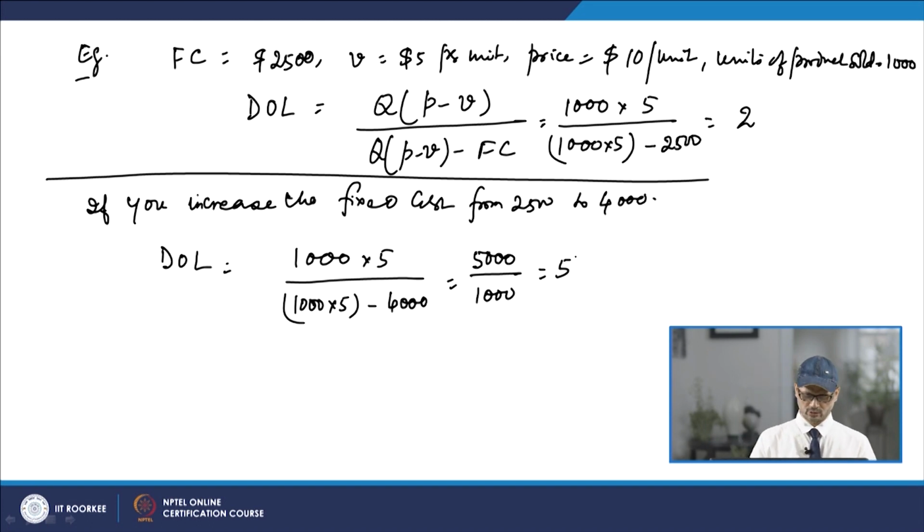There are potential risks when you try to increase this DOL by increasing the fixed cost, because it will be sensitive in both ways. If there is a decrease in sales, there will be a drastic decrease in the income or profit.